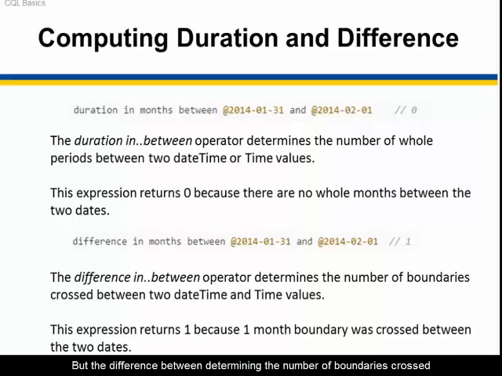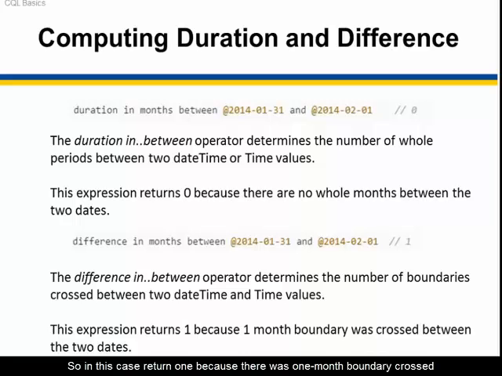But the difference between determines the number of boundaries crossed between those two datetime and time values. So in this case, we return 1 because there was 1 month boundary crossed between January 31st, 2014 and February 1st, 2014. Even though there's not a whole month, there was 1 month crossed. There are two different ways of computing the space between two date times, and those both have use cases within clinical quality logic.